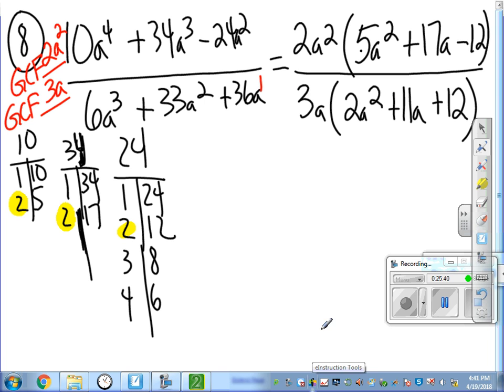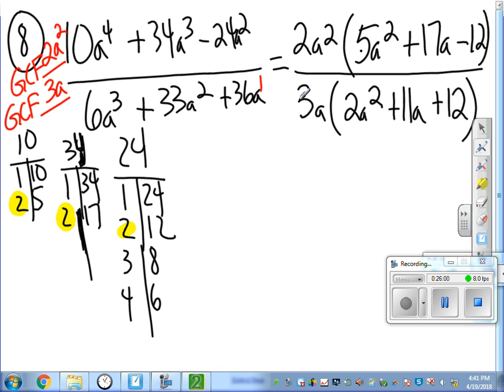I'll do it really quickly here. What times 3 takes me to 6? 2. I had 3 a's, I took 1 out, so that leaves 2. What do I multiply 3 by to take me to 33? That's 11. I had 2 a's, I'm taking an a out, that leaves a single a.